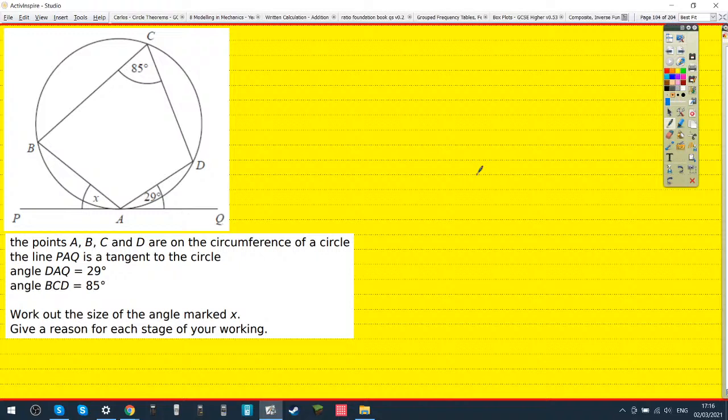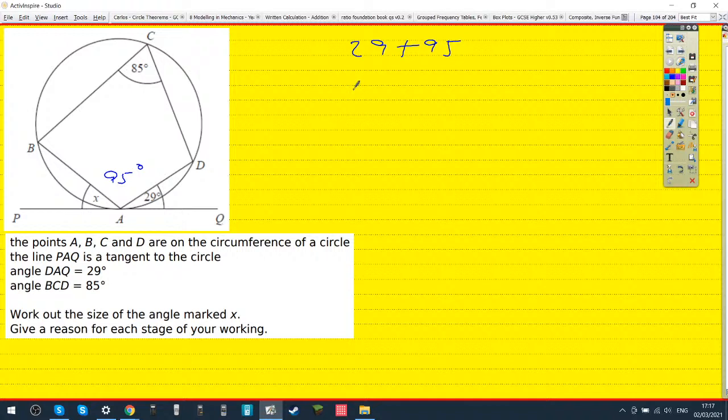Okay. And you have 85 up the top. So 85, the other one is 95, the one at the bottom. And 95 plus 29 is 134.